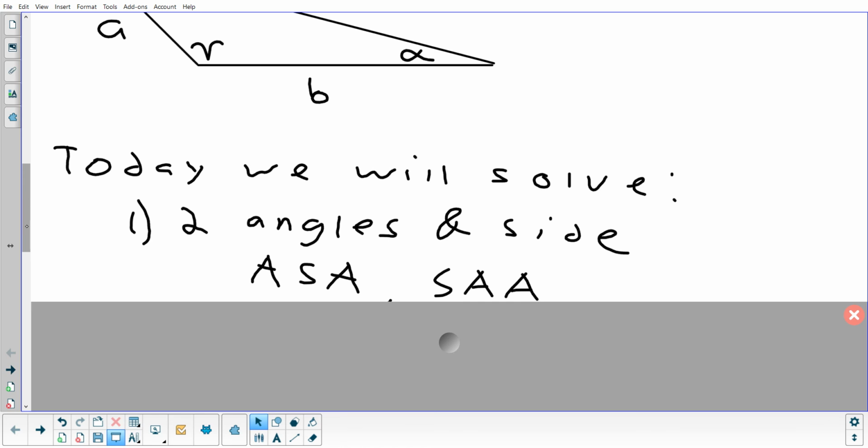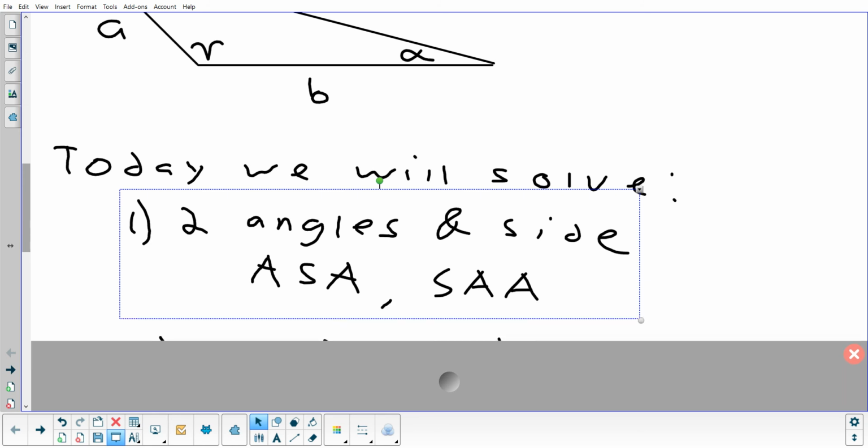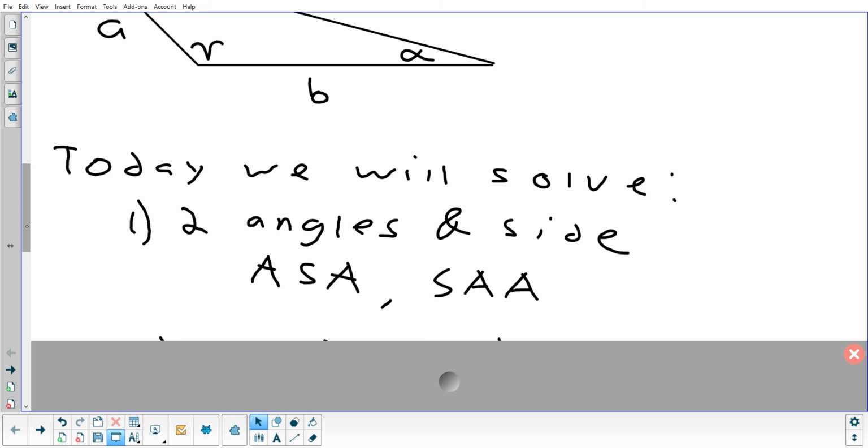The 3 types that law of sines can do. First of all, if you're given 2 angles and a side, law of sines can do that. And you have to pay attention when you're doing law of sines to not only what you are given, but where it is. There's a difference between ASA and SAA. Here's the difference.